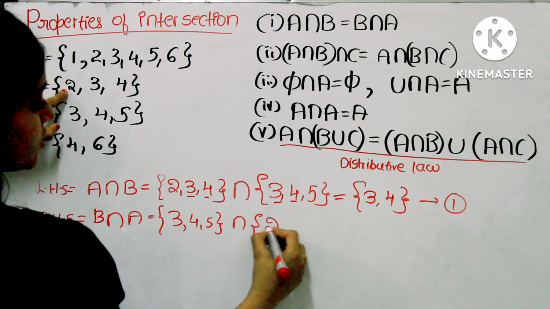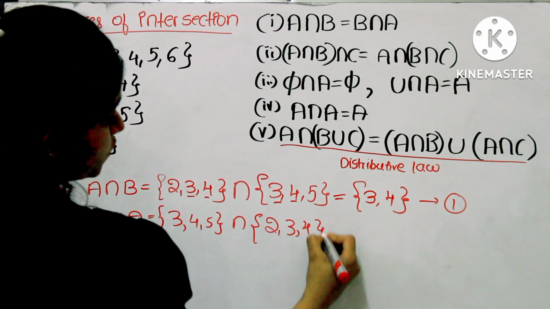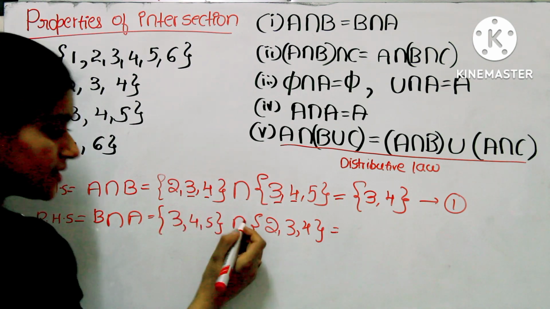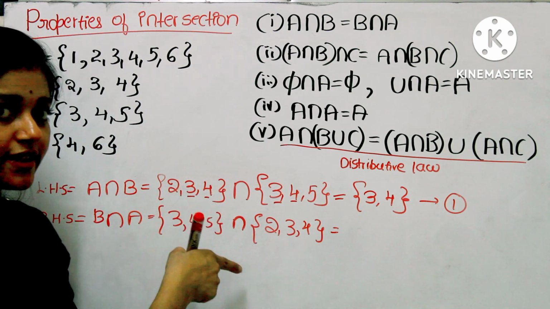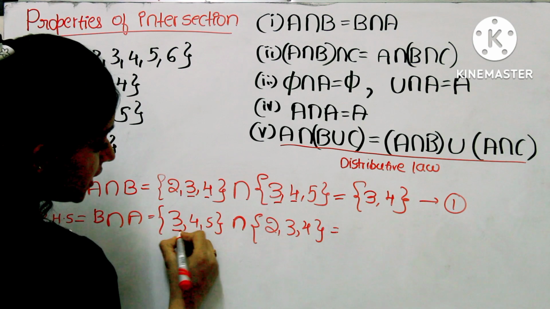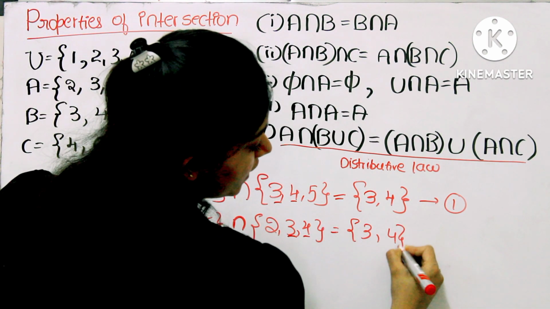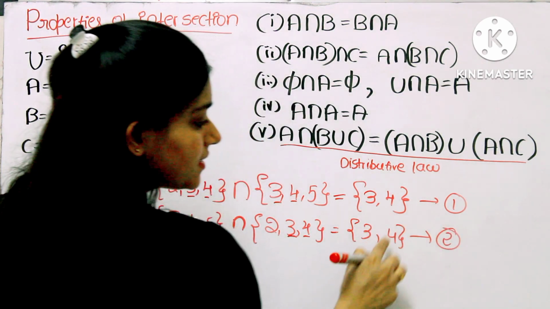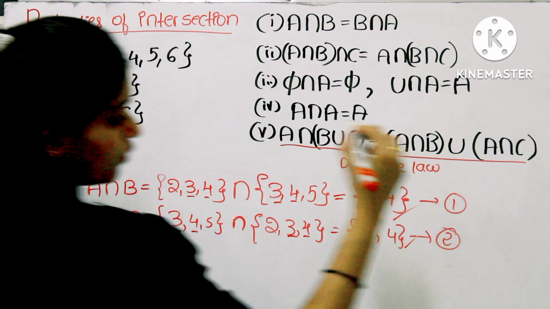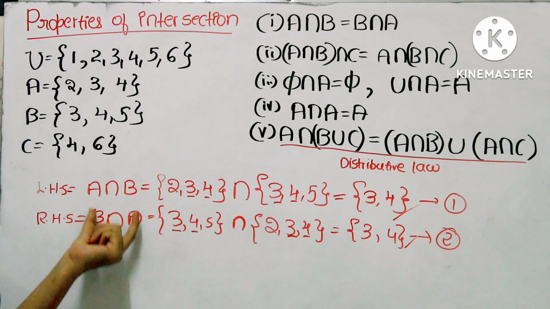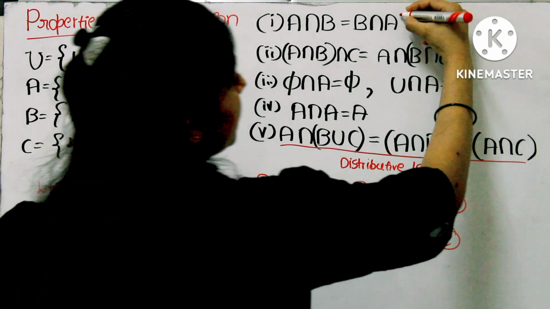Intersection A is 2, 3, 4. So here you write the common elements in both: 3, 4. So you get again 3, 4. Take this as 2. Now compare: both are equal. So from 1 and 2 we get A intersection B is equal to B intersection A.